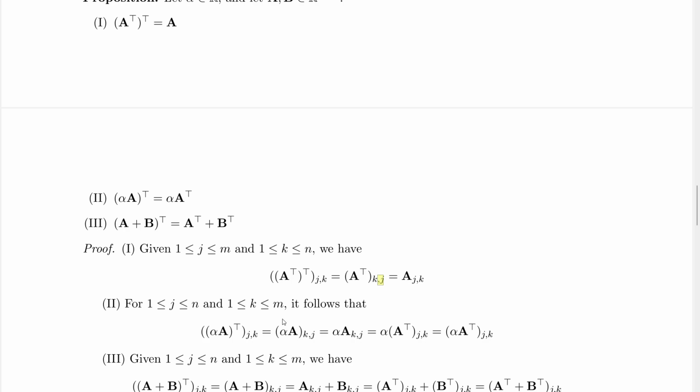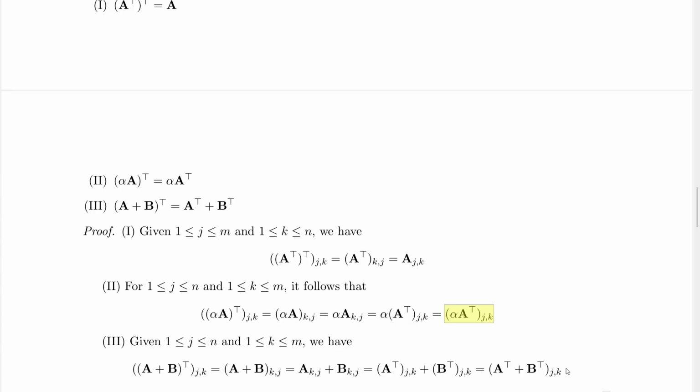The kjth entry of a scaled matrix is the scaled kjth entry. Well, we know that's the jkth entry of the transpose, and then since that's being multiplied by alpha, that's then the kjth entry of the scaled matrix. Right, we're familiar with these sort of maneuvers. We did this with Euclidean space, so right, this is a very familiar style proof. And then the same thing is true for addition. Nice. Right, so no, I'm not going to verbally walk through the proof here, but right, you get the picture.